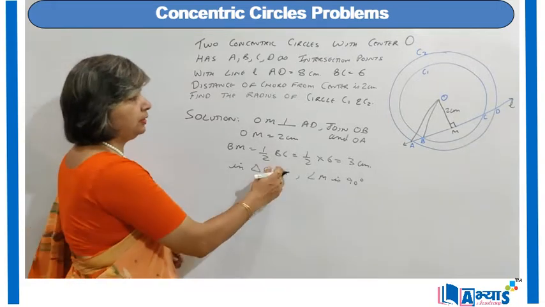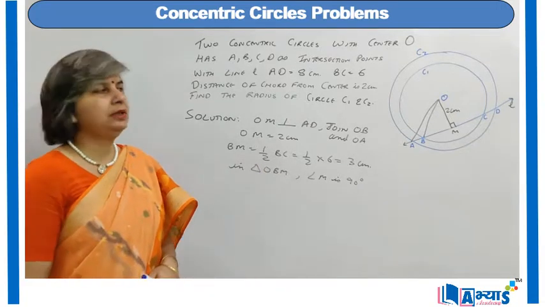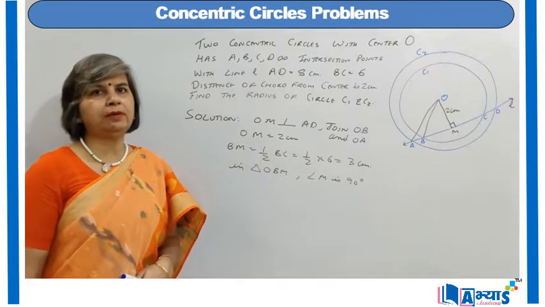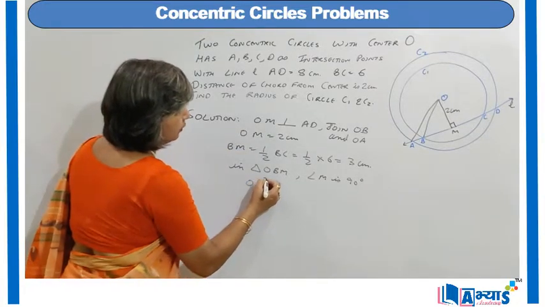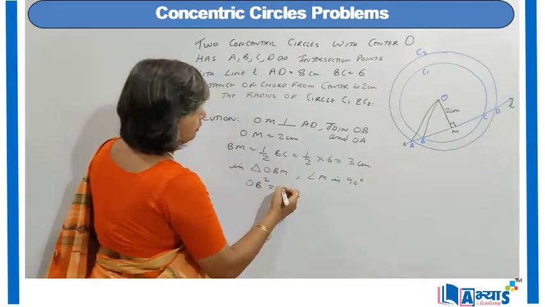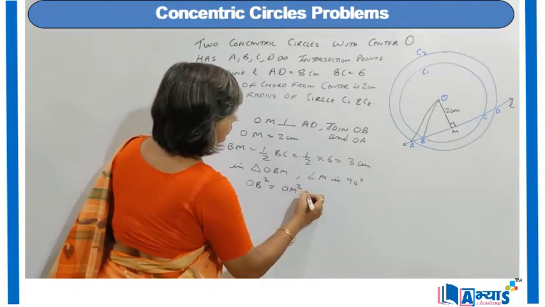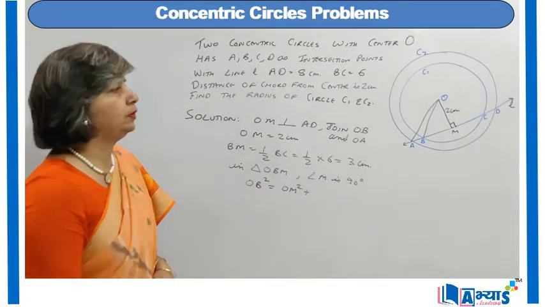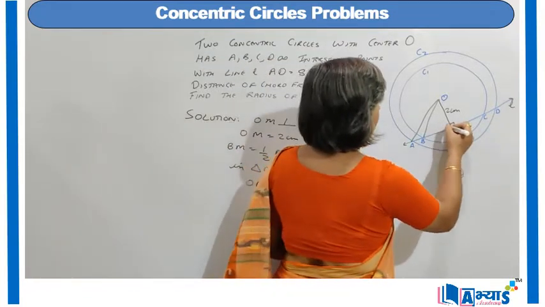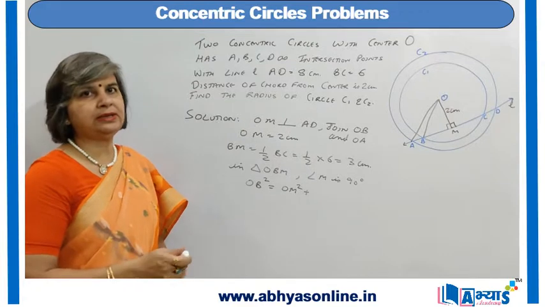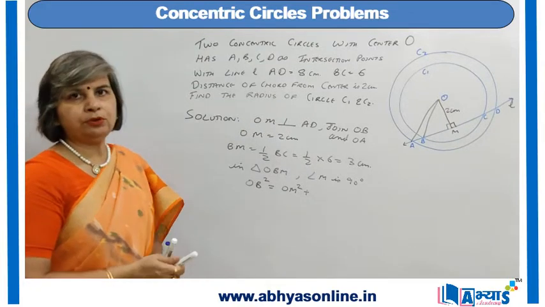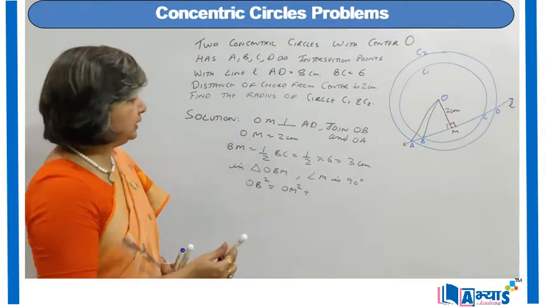So OBM is a right triangle, and we can apply the Pythagoras theorem. According to Pythagoras theorem, the hypotenuse square is equal to the sum of the squares of the other two sides. OB is the hypotenuse because the side opposite to the 90 degree is the hypotenuse.